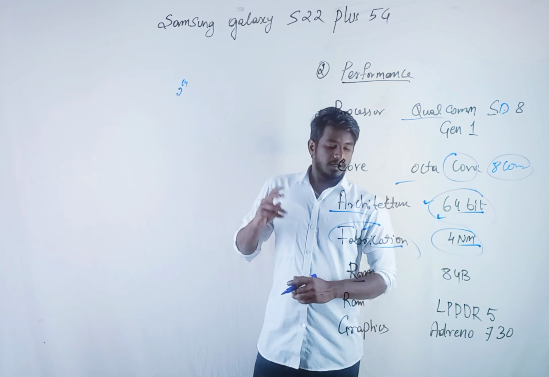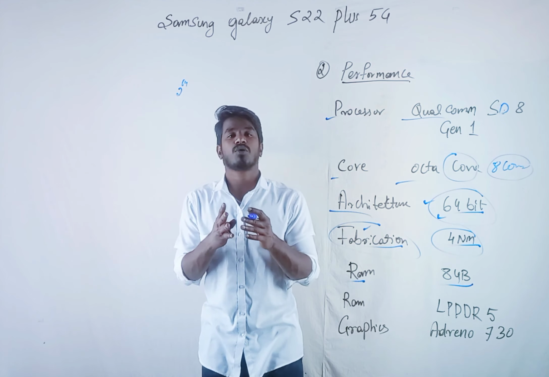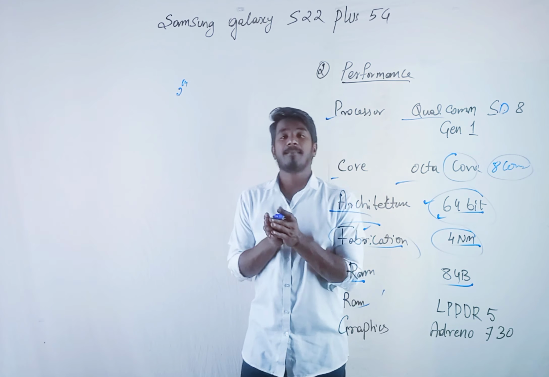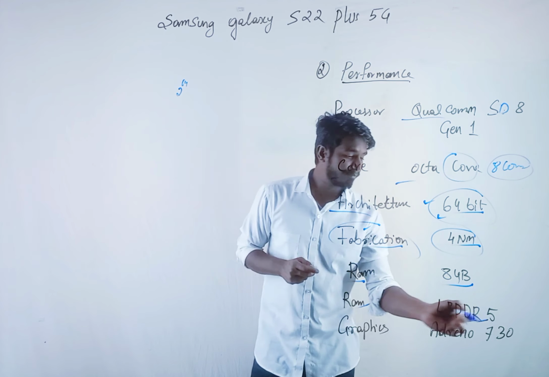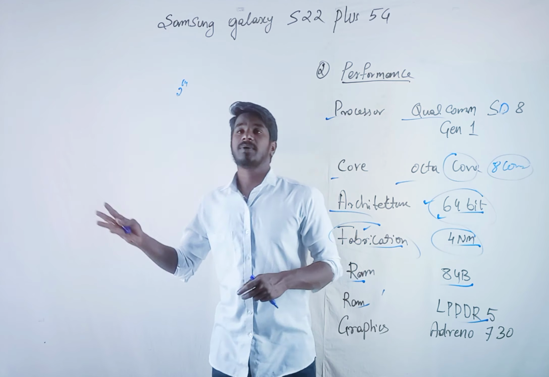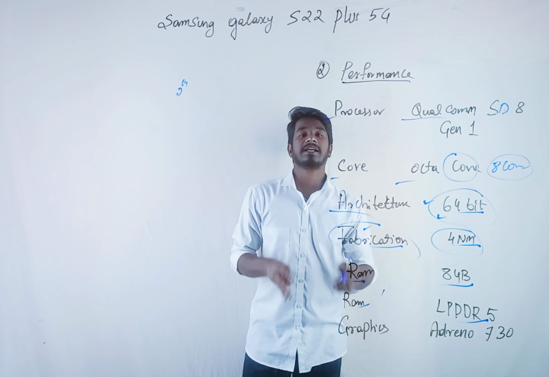Okay, RAM of this mobile is 8 GB, that is sufficient, more than enough for any mobile. And the RAM type of this mobile is LPDDR5. If you compare with LPDDR4, it is 50% more battery efficient.